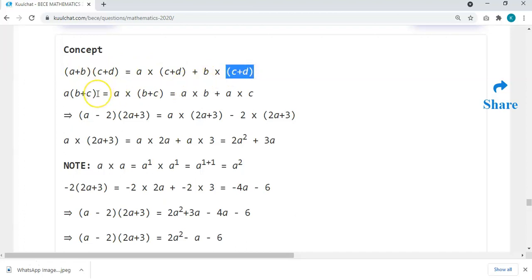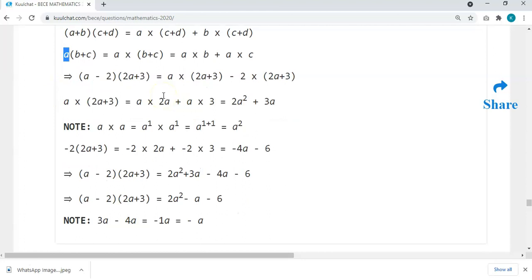In the multiplication, each term will multiply everything inside the bracket. That is the distributive property. So let's use that concept. Our a minus 2 into bracket 2a plus 3 will give us: first, let's take a to multiply this, then we take negative 2 to multiply this, and we simplify.